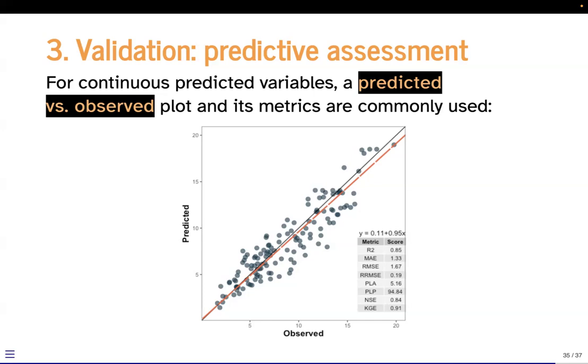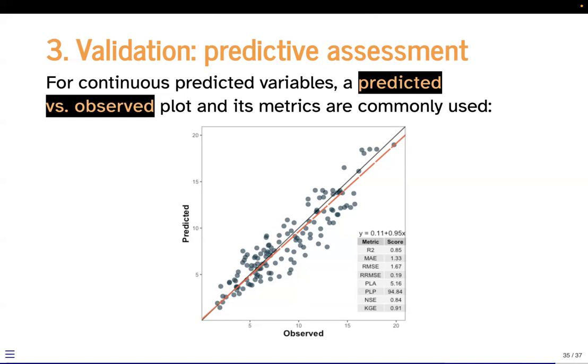And again, just to remind you, in this case we're talking about a continuous variable as our predicted variable. So cotton fiber strength in grams per tex is a continuous variable. If that variable had been categorical, so let's say I take all these grams per tex continuous values and break them down into classes, and I say from this value to that value is low strength, from this to that is medium strength, from that to that other one is high strength.